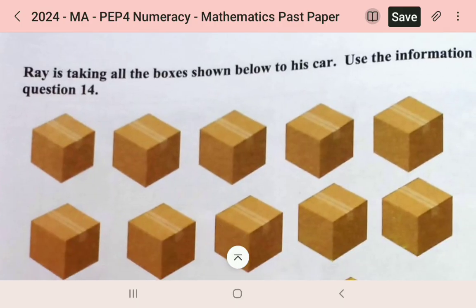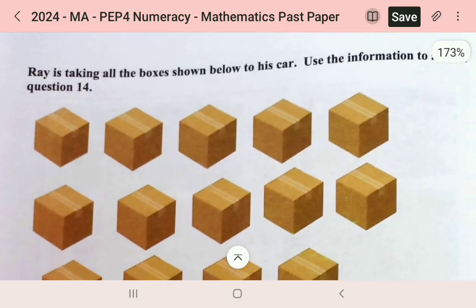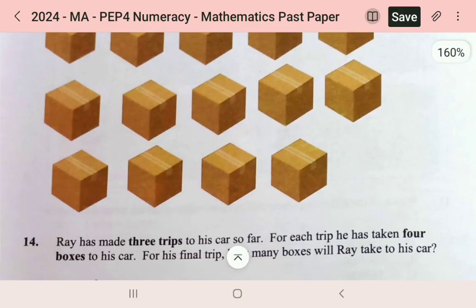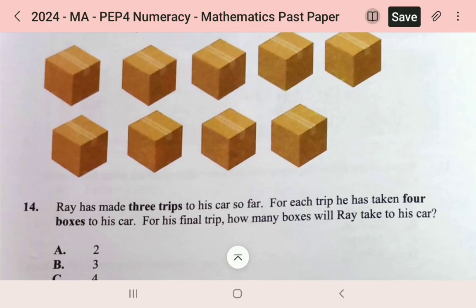Number 14. Ray is taking all the boxes shown below to his car. Use the information to answer question 14. So all of these boxes are going to his car. Ray has made 3 trips to his car so far. For each trip, he has taken 4 boxes in his car.